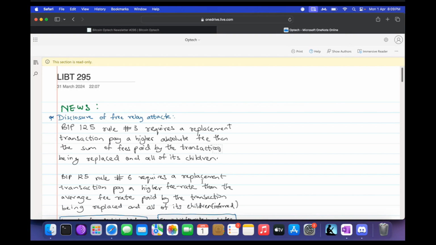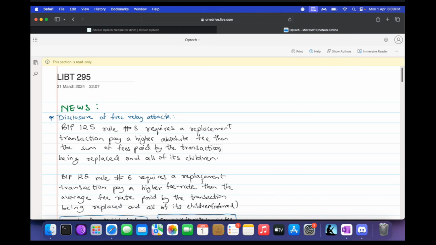Like we have fee rate, which is what you pay in sats per virtual byte, and then we have the absolute fee, which is what you're paying for the entire transaction. So if transaction A is trying to replace transaction B, then transaction A has to pay a higher absolute fee than transaction B and all of transaction B's ascendants. That is rule number 3.